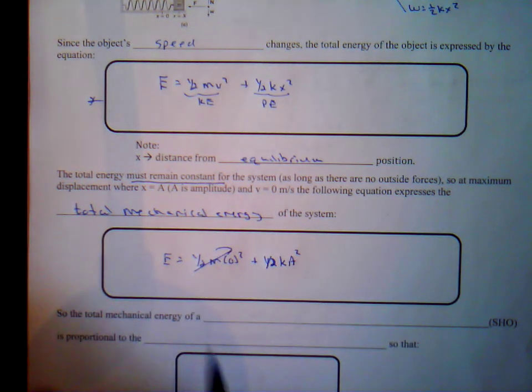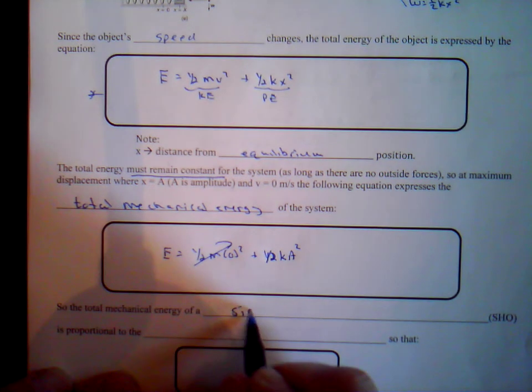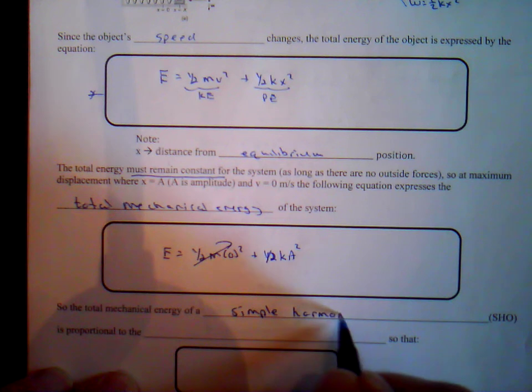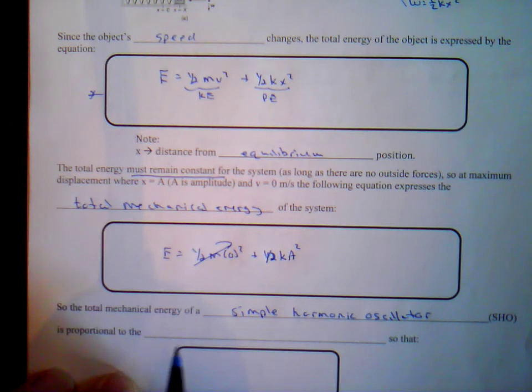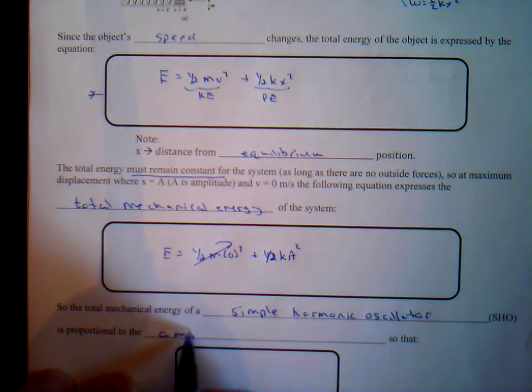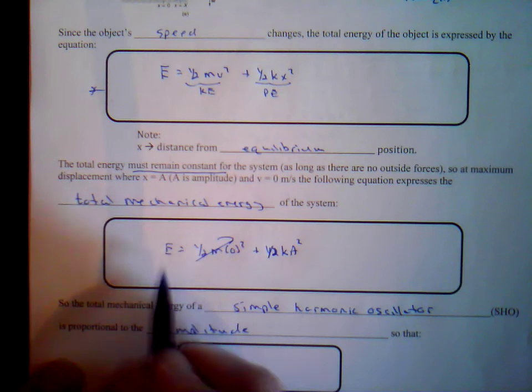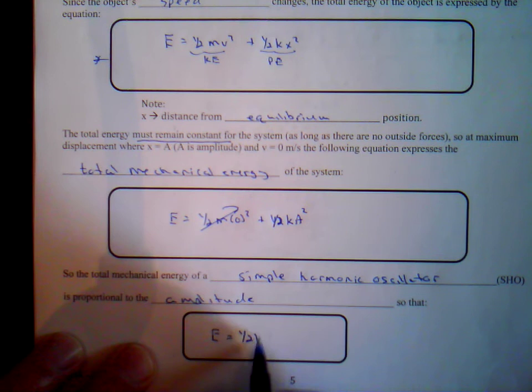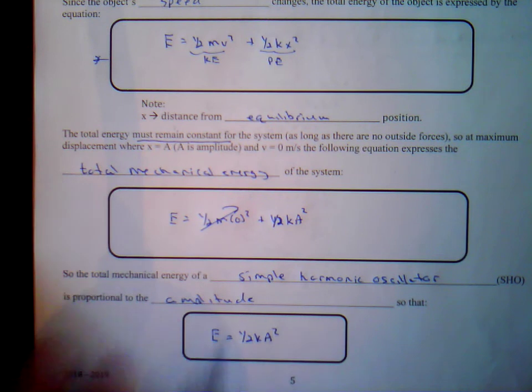So then what we have, the total mechanical energy of a simple harmonic oscillator is proportional to the amplitude. So from this equation, E, the total energy, is equal to 1/2 kA squared.